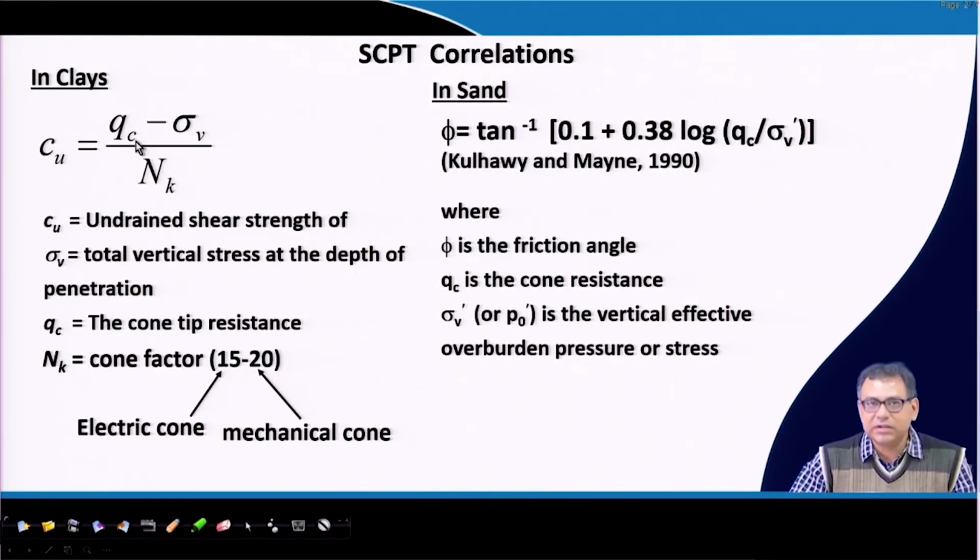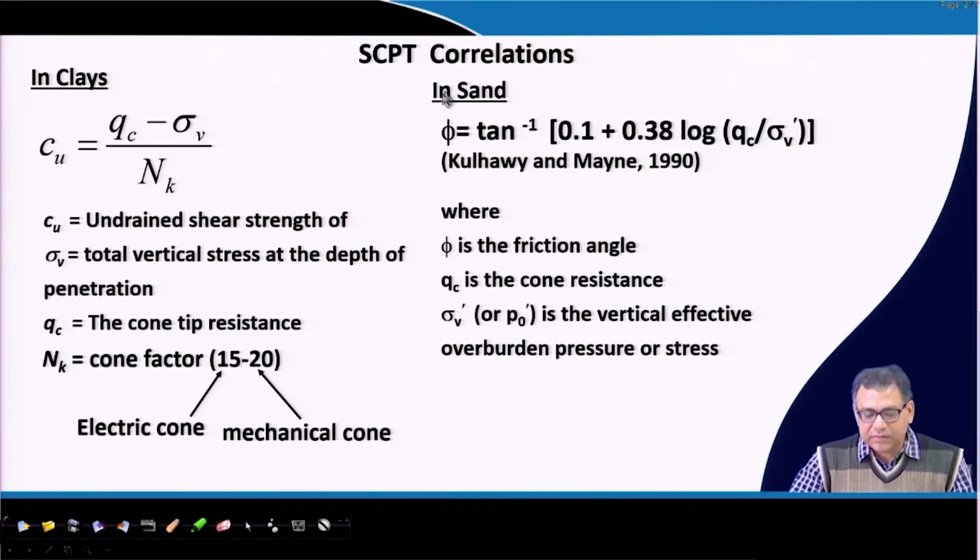What is QC? QC is the cone resistance that I will get from the first stage, sigma V is the total vertical overburden pressure, total, not effective, and Nk is the cone factor. If you use the electric cone, it will be 15; if you use the mechanical cone, it will be 20. So, if we put these values we will get the Cu.